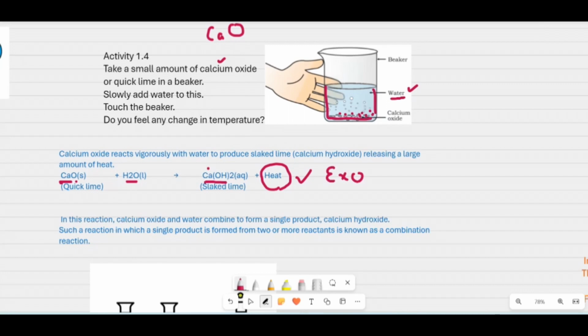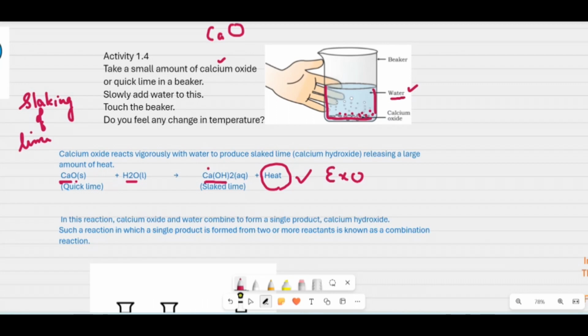So this reaction is called slaking of lime, and the product is called slaked lime. A large amount of heat is liberated, and when the heat is produced, you hear a hissing sound like a snake. Now this is an example of an exothermic reaction.